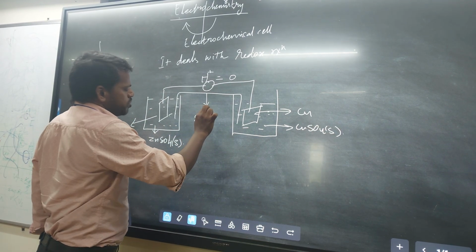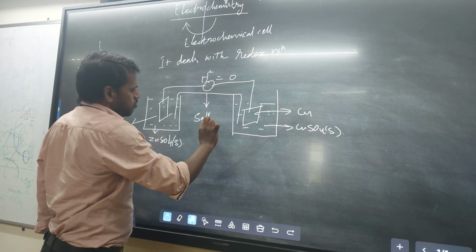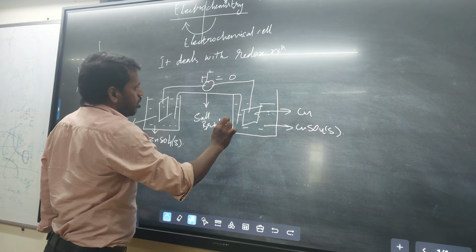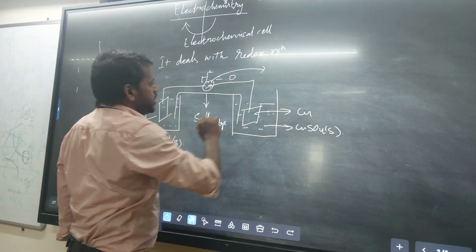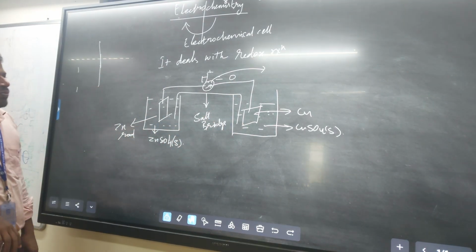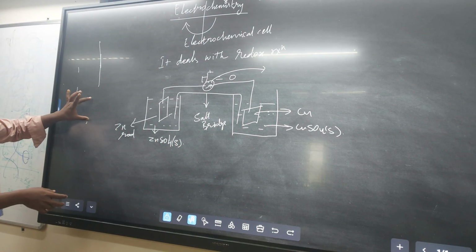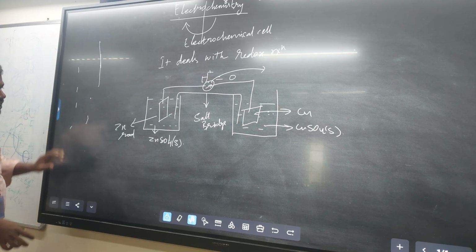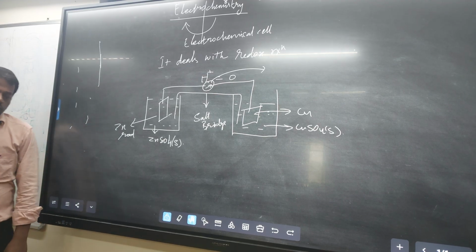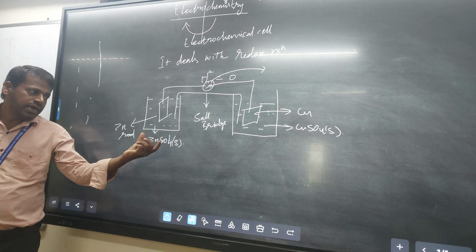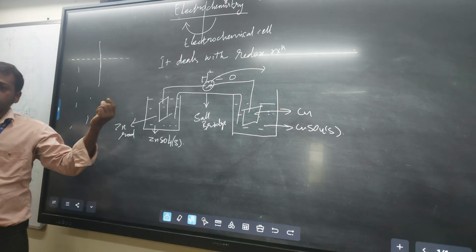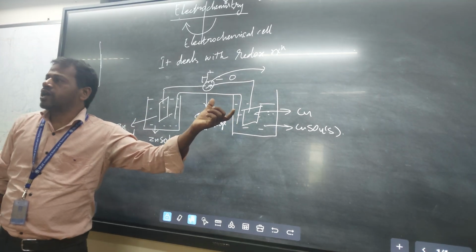You know salt bridge. This is a voltmeter. This is a Daniel cell setup. So here the zinc acts as an anode, copper acts as a cathode.